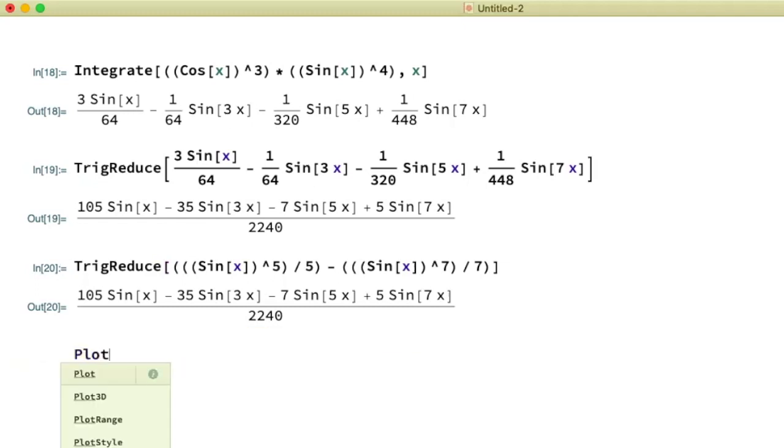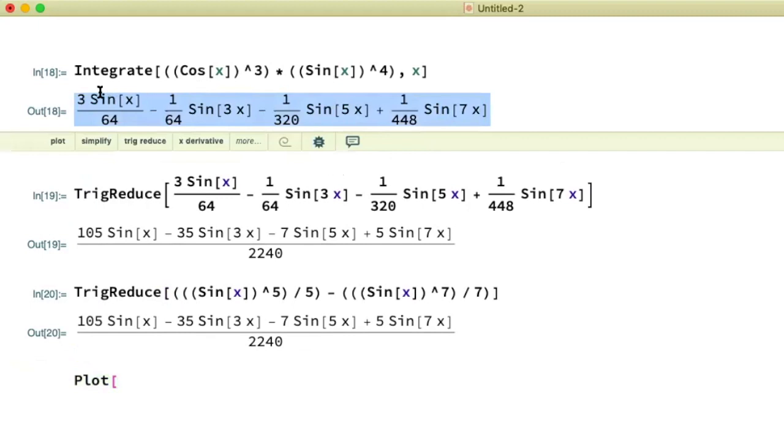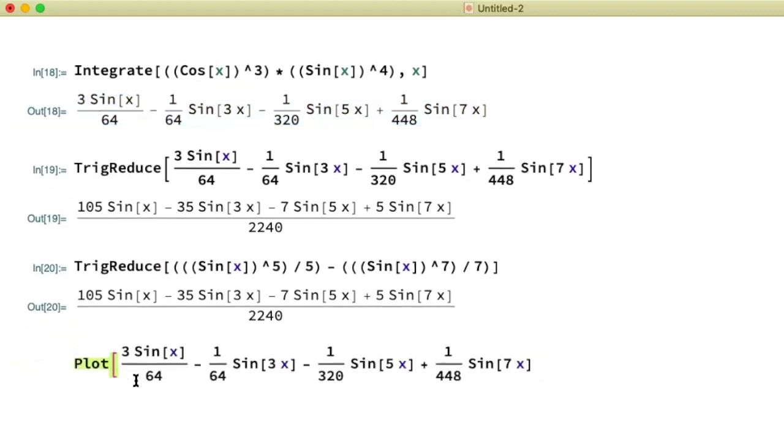So I can do the plot command. And again, I'm going to take the output of the integration done by Mathematica, and I have to put in my specified x values. Since this is a trig function, I'm going to go with a fairly standard interval of -2 pi to 2 pi, and pi must be capitalized.